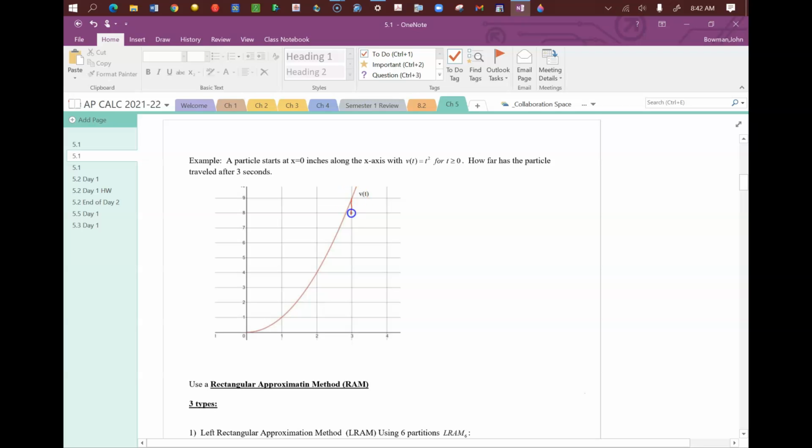Again, if we find the area between the curve and the horizontal axis, that area would represent the distance traveled.